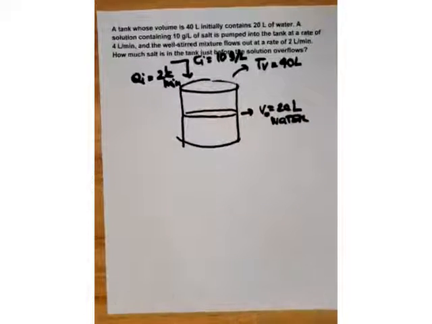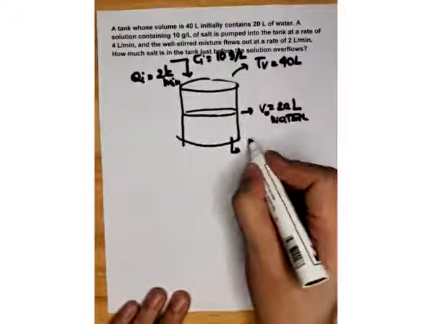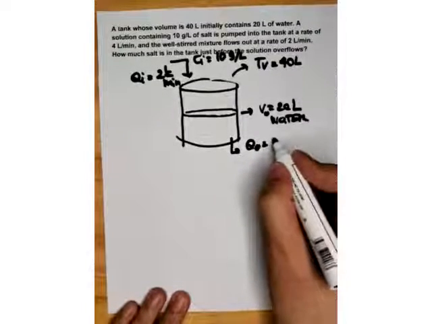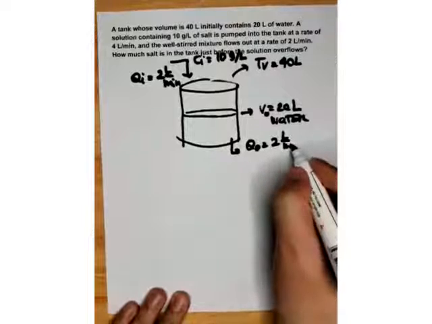So initially, our tank with capacity 40 liters has only 20 liters of water. And then a solution with a concentration of 10 grams per liter of salt is entering the tank at a rate of 4 liters per minute. And the well-stirred mixture flows out at a rate of 2 liters per minute. So our QO is 2 liters per minute.